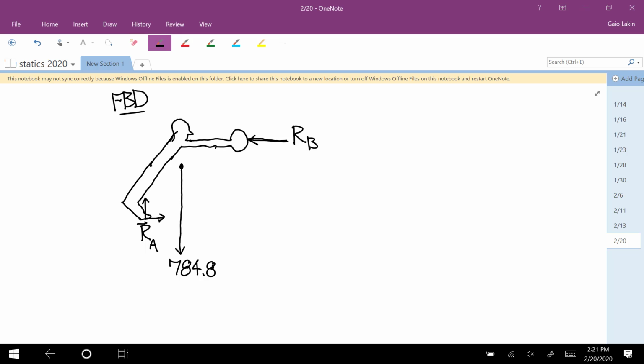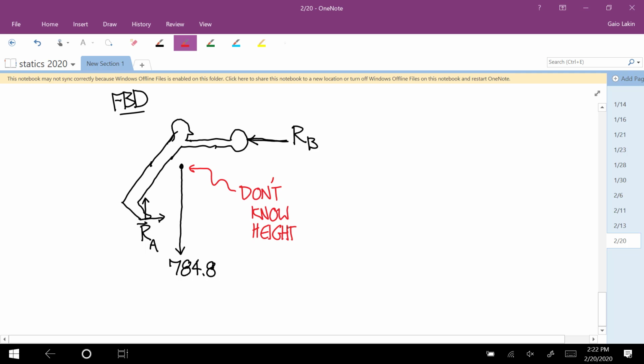But thinking about it in terms of moving them along their line of action, you realize that those wouldn't come into it anyways. So we can move this weight force along its line of action down to the ground. And we can move this horizontal force over here horizontally until it's right above that, and it won't change anything. Okay. So here we don't know the height. And here we don't know the horizontal position.